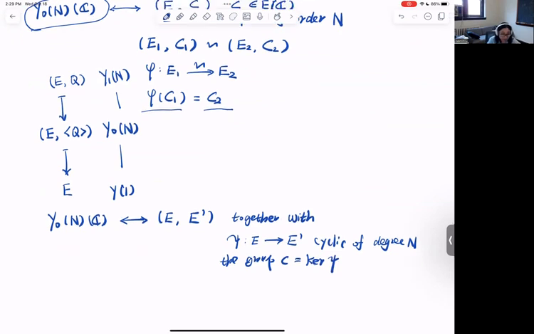It's the same data. You can also think of it as parameterizing pairs of curves together with a cyclic isogeny of order N between them.